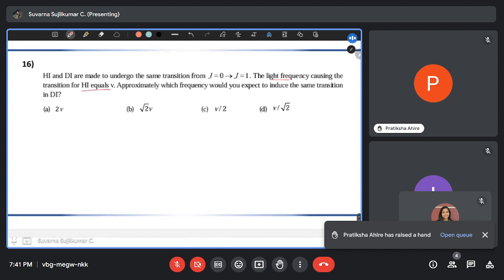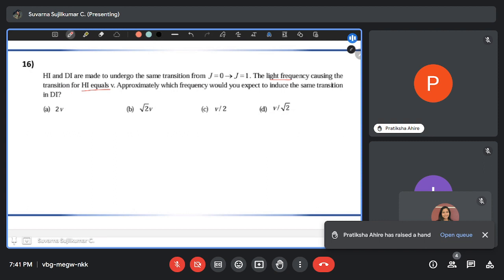So the frequency for transition for HI is V, that value we take as V. Approximately which frequency would you expect to induce the same transition in DI? So this is a concept-based question.